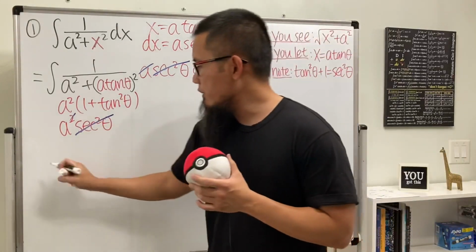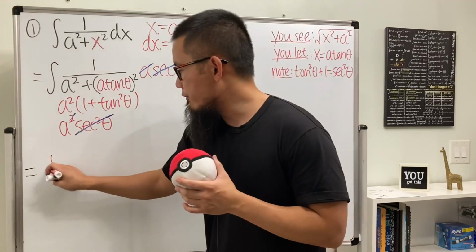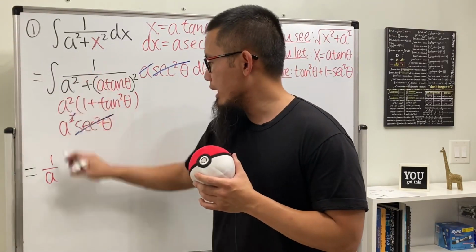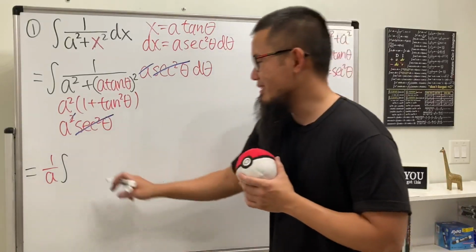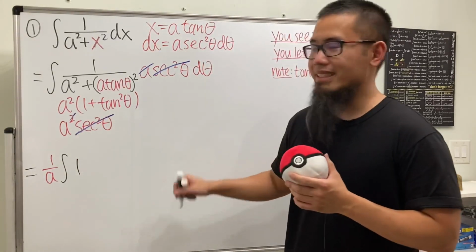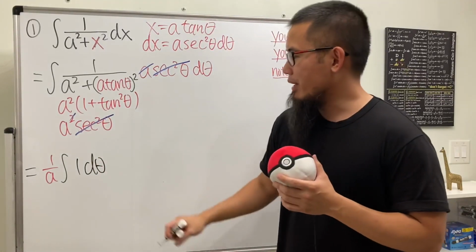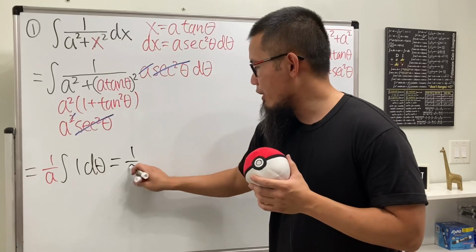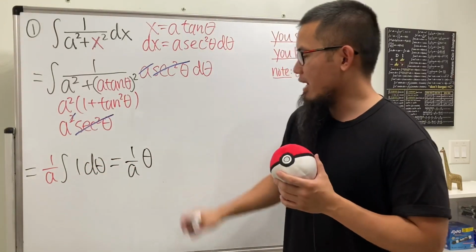So this right here will give us 1 over a. Let's just put that all the way in front of the integral, and then we have the integral, and the rest of the things cancelled already, so we just have 1 in the theta world. So this is going to give us 1 over a. The integral of 1 in the theta world is theta.